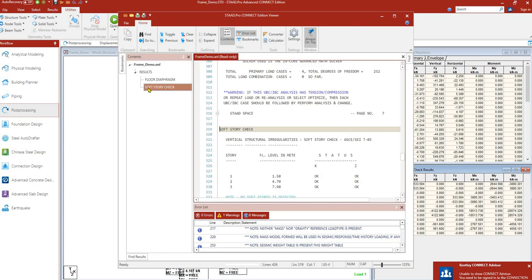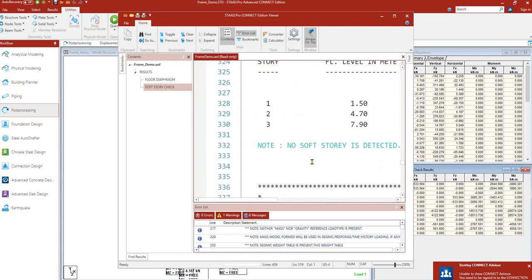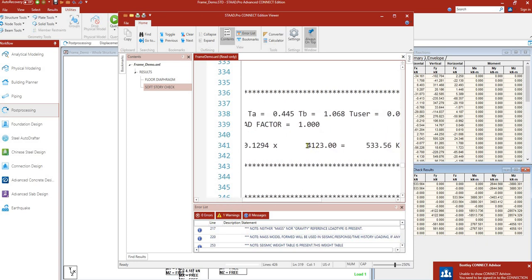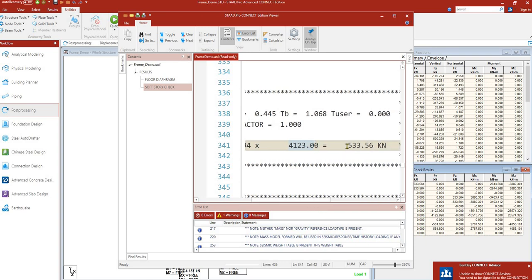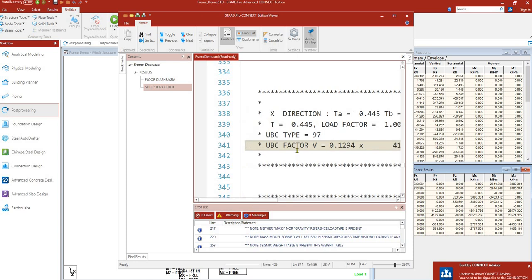Punta tayo dun sa may soft story check. Ayun. See? So, yung seismic mass, yan, 4123. And then, yung 533.56. Yan yung pinili niyang base shear based on UBC 1997. Yan, UBC factor V.